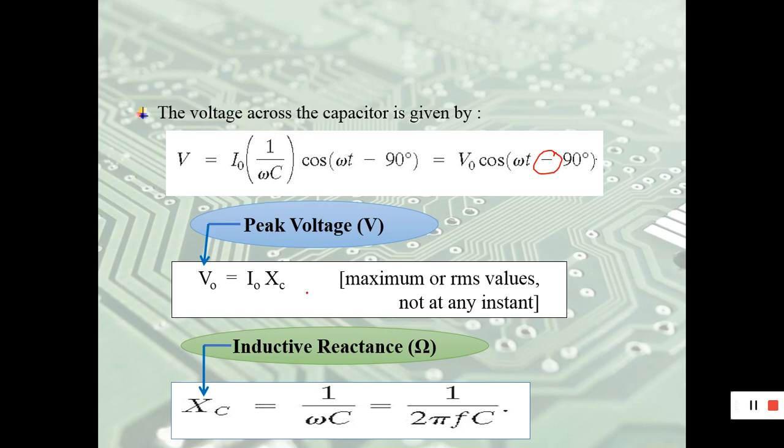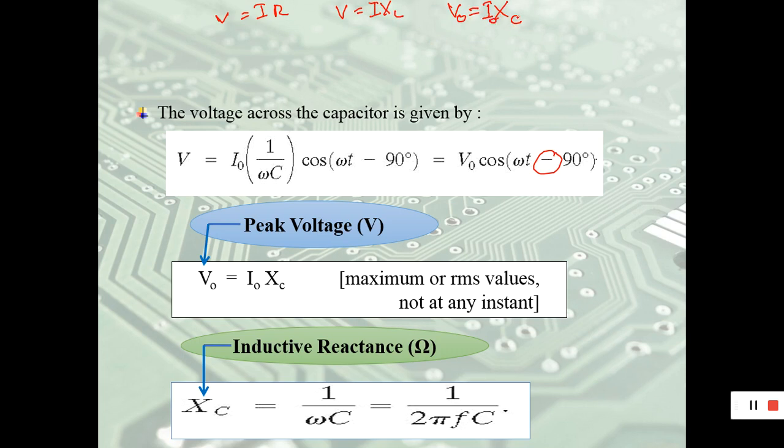If you want to find the peak, I have told you before that for the resistor V equals IR, for the inductance V equals I XL, and for the capacitor V equals I XC. So for the peak, V will be V peak and I will be I peak.